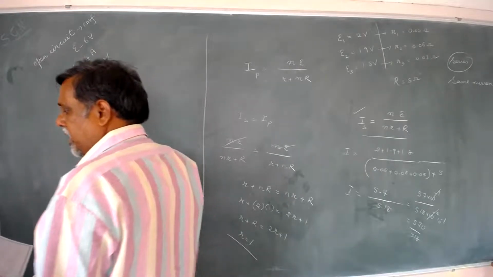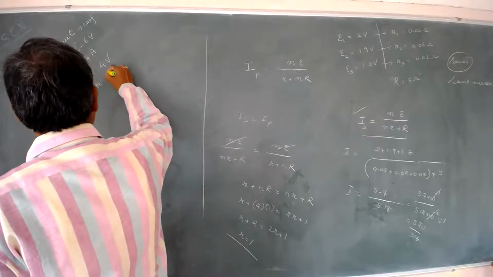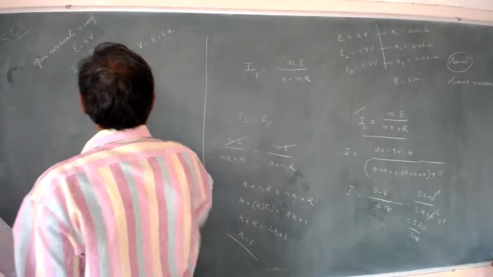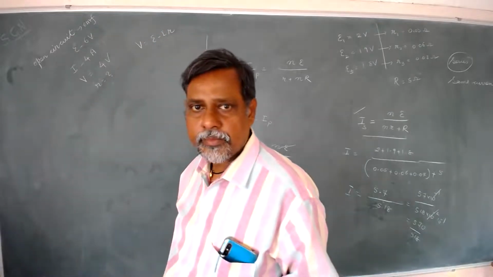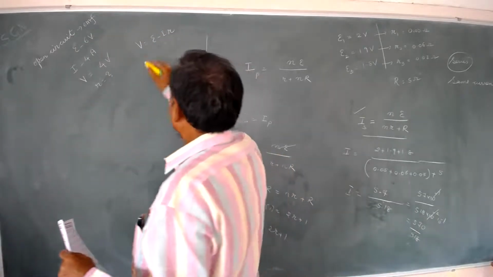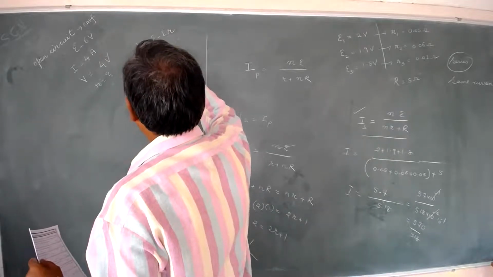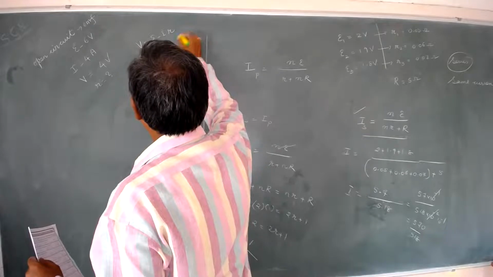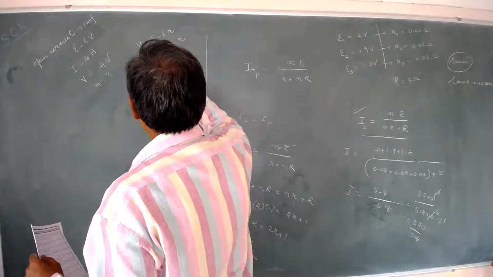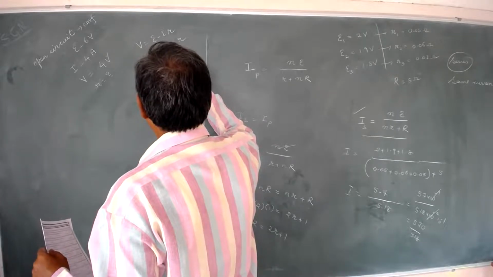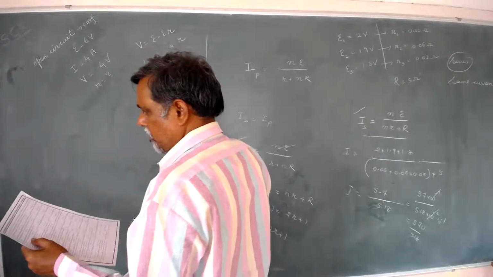Find the internal resistance of the cell. Small r is equal to how much? We know that 6 minus 4R over current 4, so 0.5.